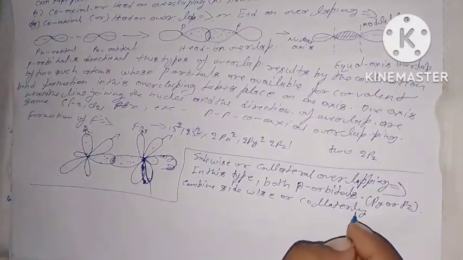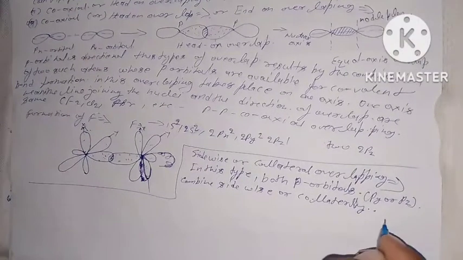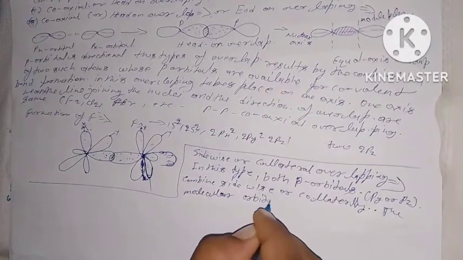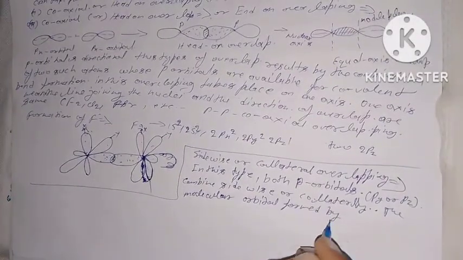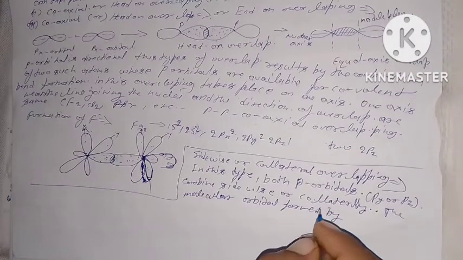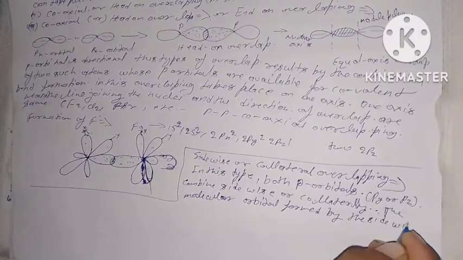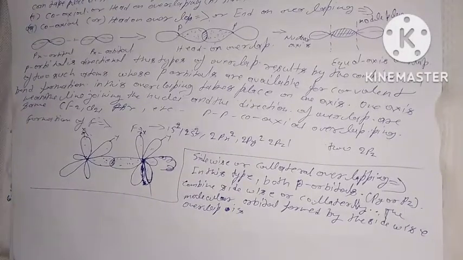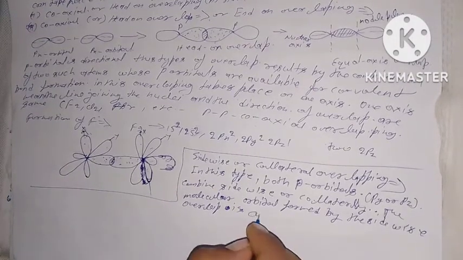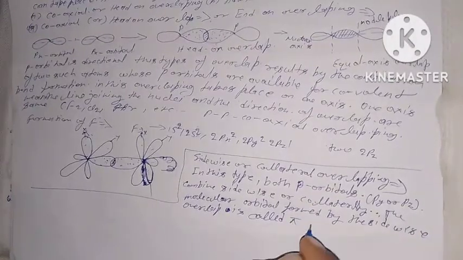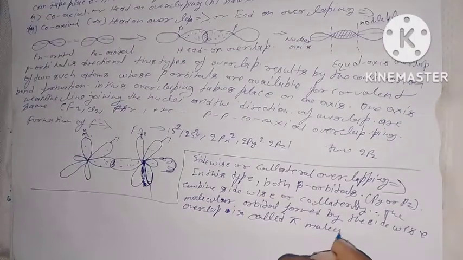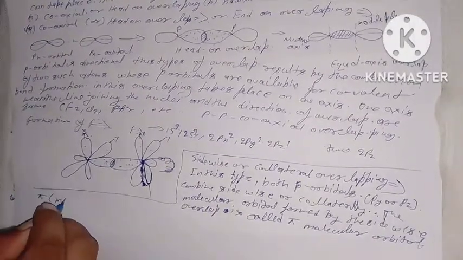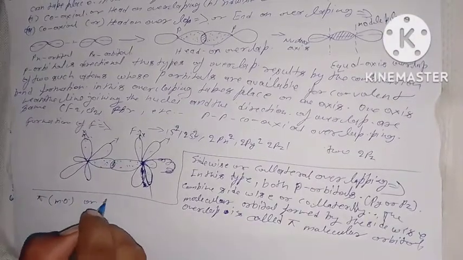The molecular orbital formed by the sidewise overlap is called a pi molecular orbital, or pi bond.